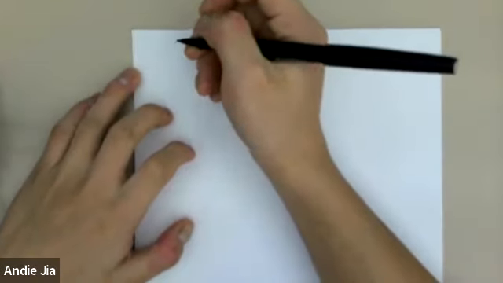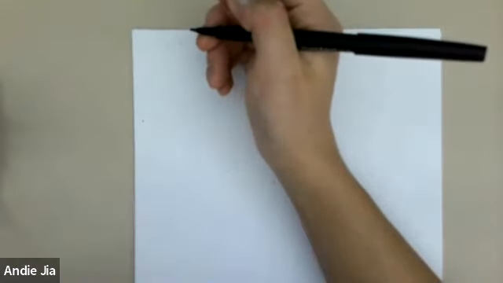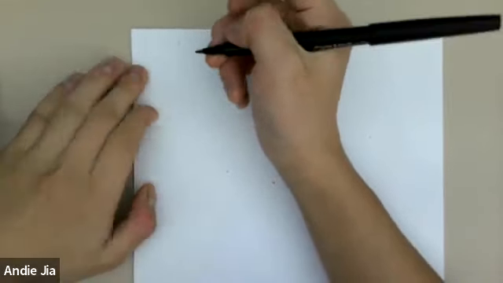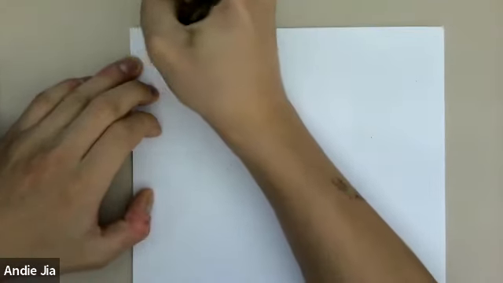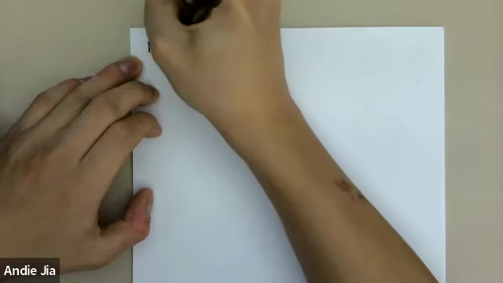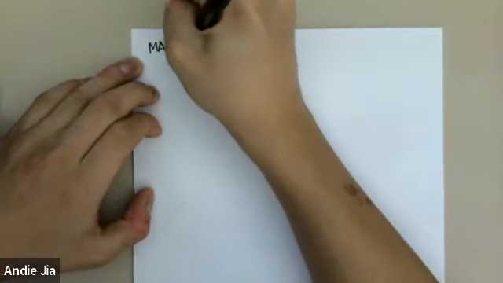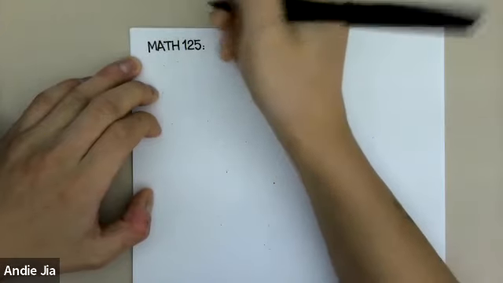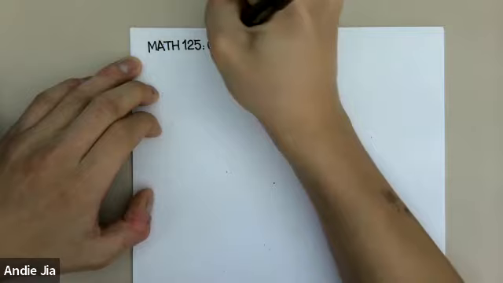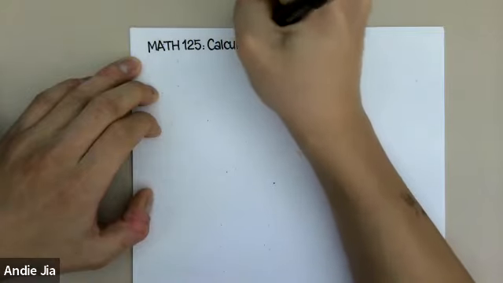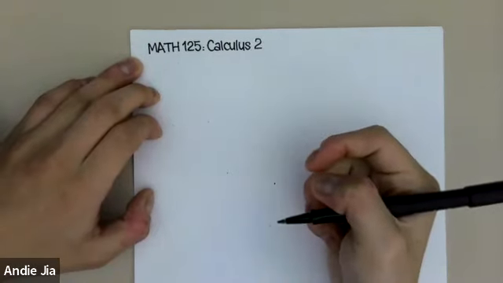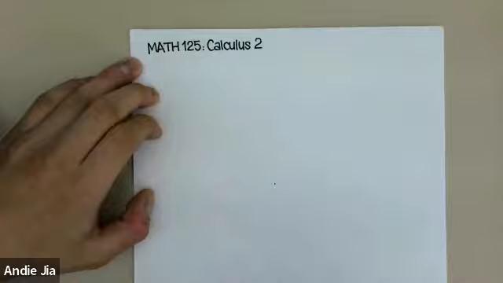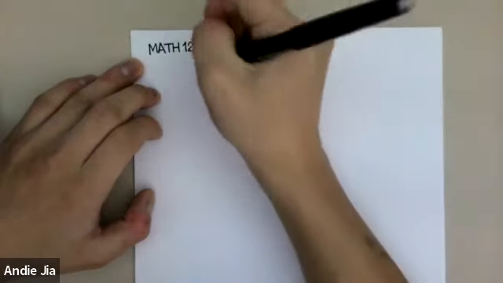Okay, let's get started. This is still going to be Math 125, Calculus 2, but this is probably more of an integration technique. It's about trig substitution. We're going to cover section 7.3, the trig substitution integral, part 1.